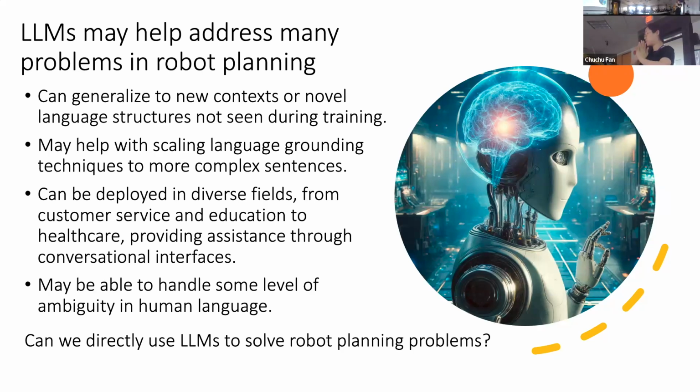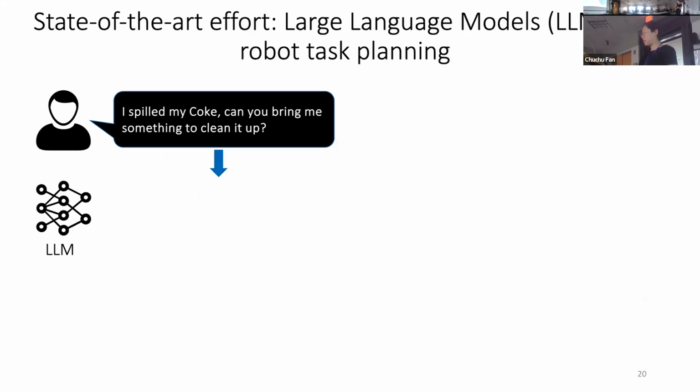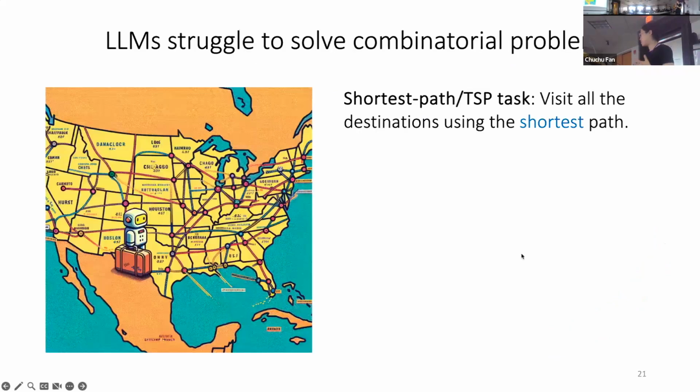For each of these robots, now we have a good way to navigate them to their destination. But my question is how to assign the destinations. The task allocation or destination assignment problem itself can become something called the shortest path or traveling salesman problem.